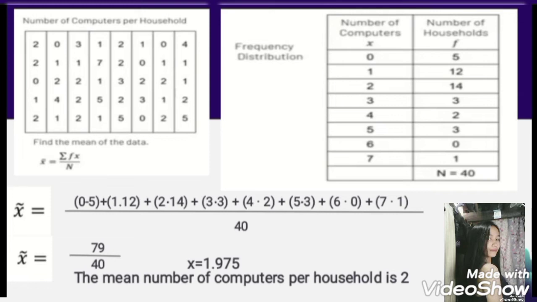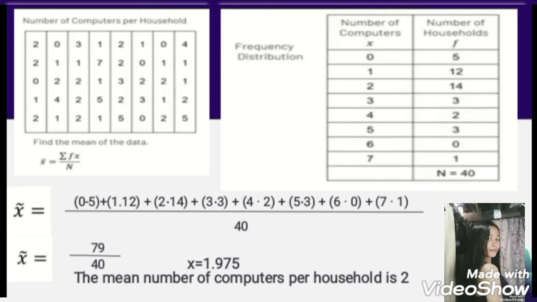For example, you survey the number of computers per household. In the first box, these are the responses. So, we are going to find the dataset and we need to use frequency distribution to present the dataset into a table. Here in the first column is the number of computers, and here in the second column is the number of households that have a computer.